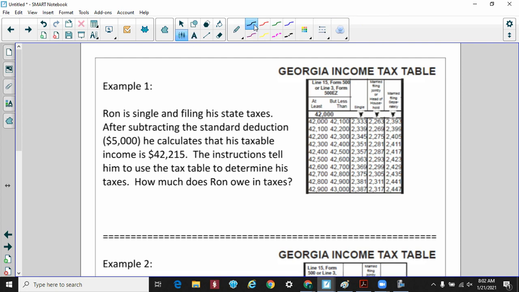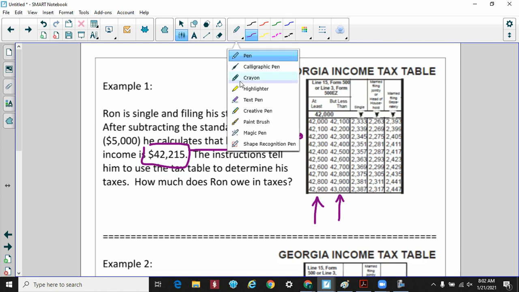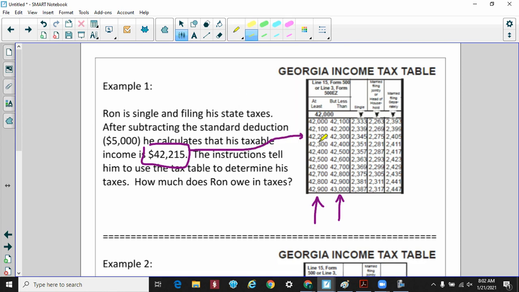What we're looking for is, notice the first two columns. The first two columns represent how much money he would make per row: at least, less than. We're looking to find what row 42,215 fits between. If you look right here, and I'm going to highlight it, it would be between 42,200 and 42,300.